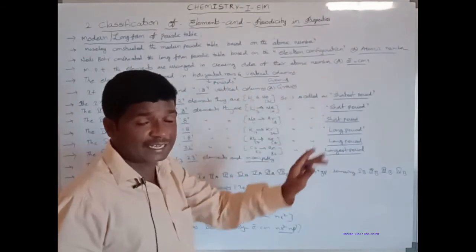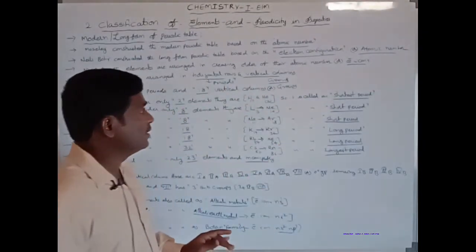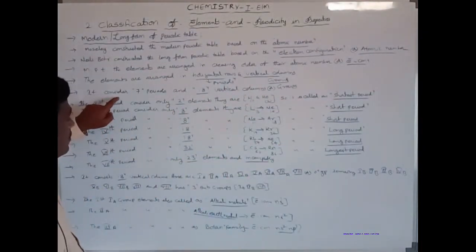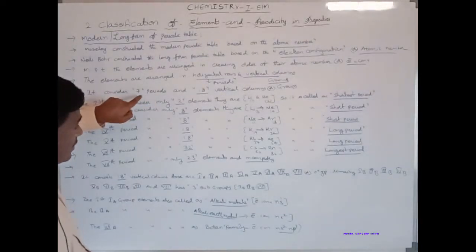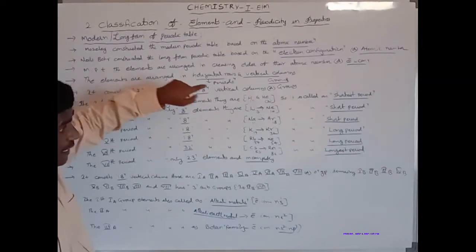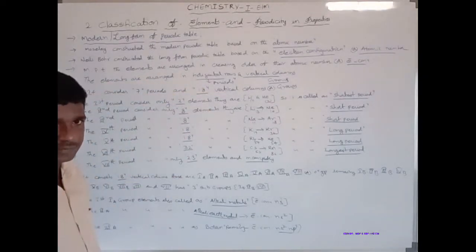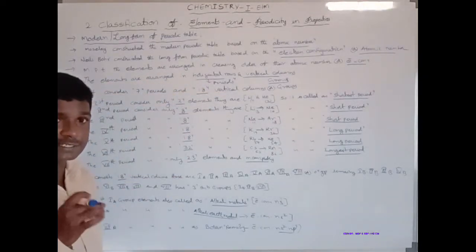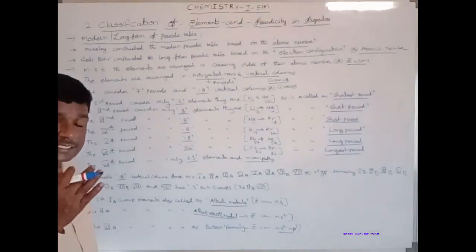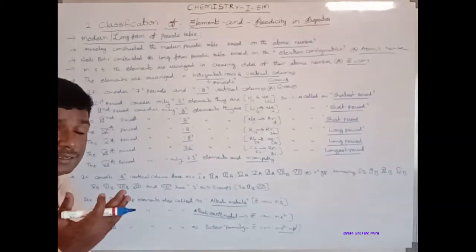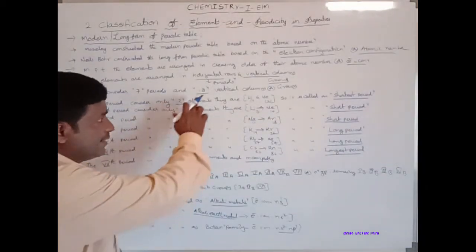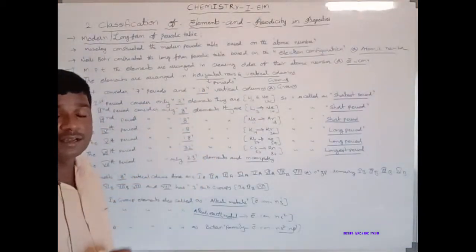In total there are 7 periods and 18 groups. How many periods are present in the modern periodic table? 7 periods. How many groups? 18 groups are present in the long form of the periodic table.